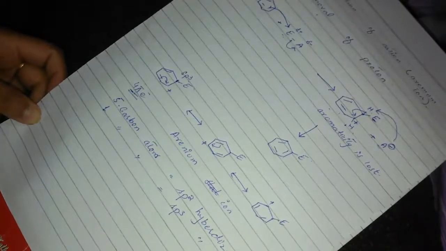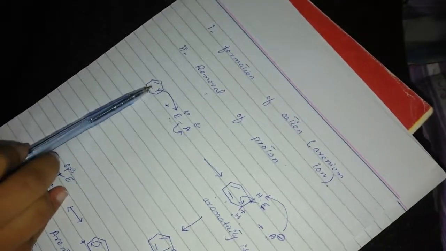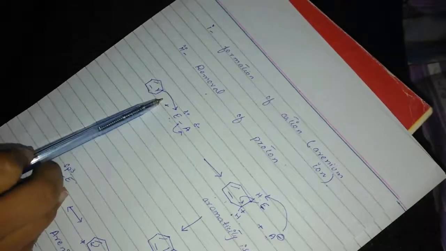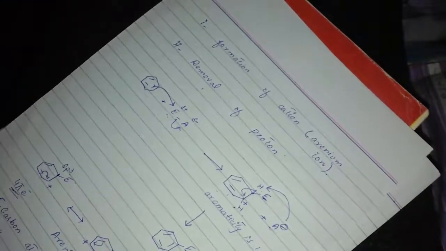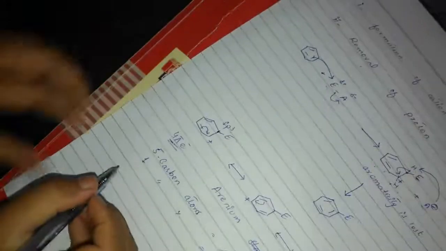Now, in the first step, as you see here, the benzene ring attacks the electrophile. This step is highly endothermic. Why is it endothermic? Because the aromaticity of the system is lost, which is the most important factor in the stability of the compound. When the aromaticity is lost, we have to provide a lot of energy for this reaction to take place.